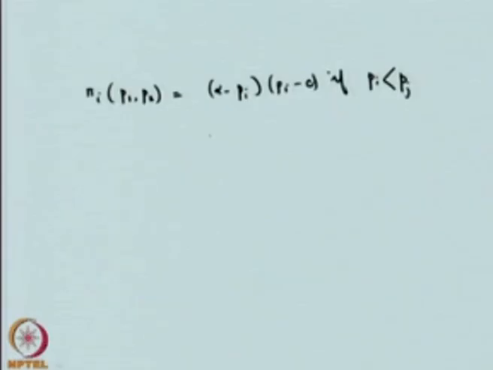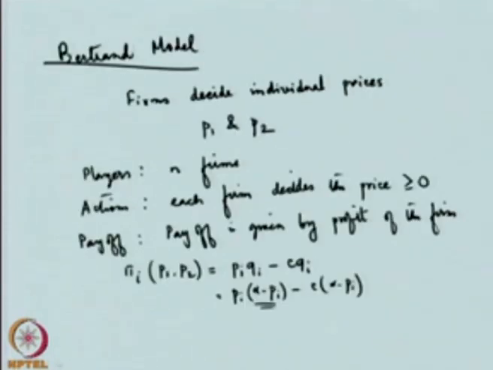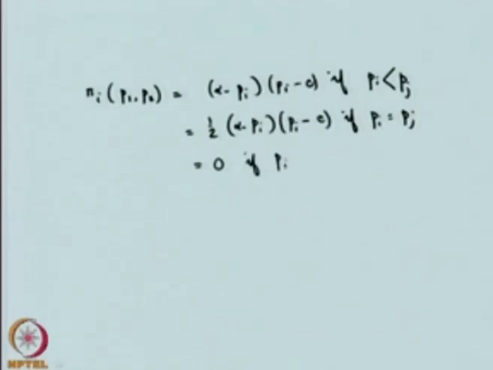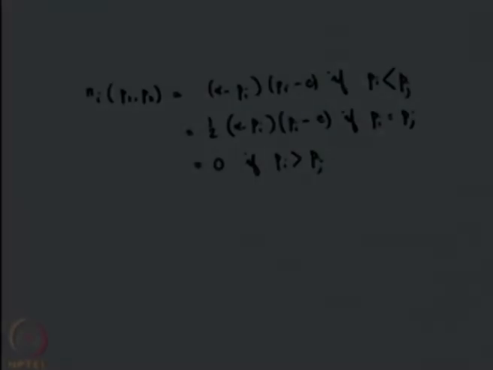Okay, if my price is less than the competitor's price, then I get the entire market. So, this demand function is valid for me. If the prices are equal, then we share the market. So, it is half of the same price, same profit, and if my price is more than the other firm's price, then I get 0 share of the market. I do not sell anything, and my profit is also 0. Okay, thank you.